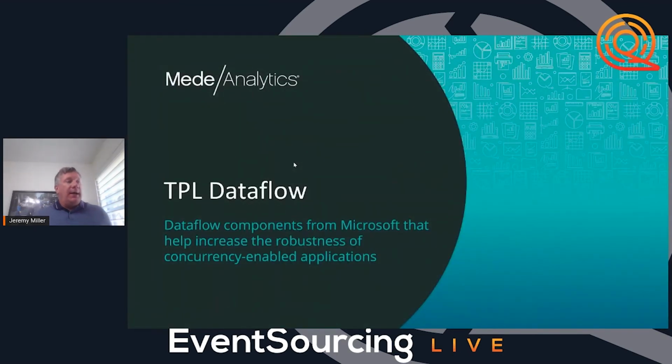Okay. For the .NET folks in the audience, we're heavily using the TPL, the Task Parallel Library Dataflow components. So this is something that Microsoft's built. I don't know if it's very well known, but we found it to be very helpful, and I've used it in other projects, both in the open source world and now in some of our meta analytics work. It's been very helpful for us.